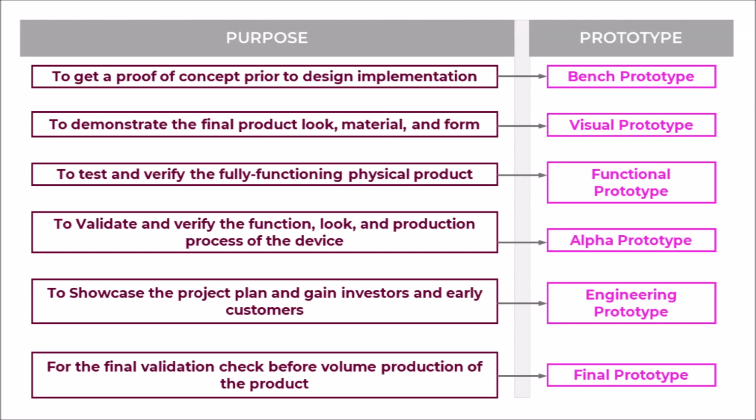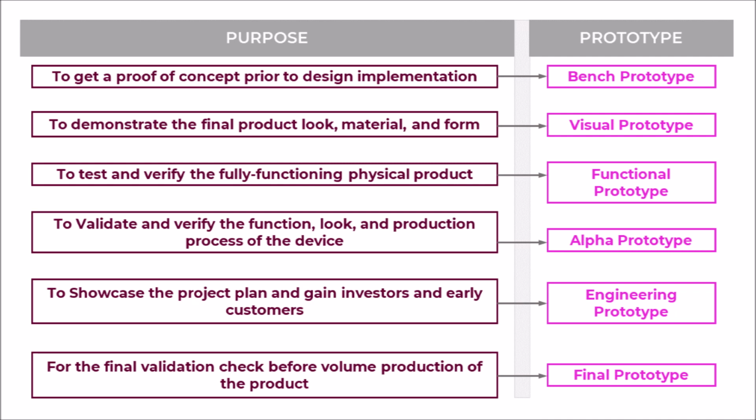Goals or purposes for prototyping. To get a proof of concept prior to design implementation, you need to build a bench prototype. To demonstrate the final product look, material, and form, you need a visual prototype.